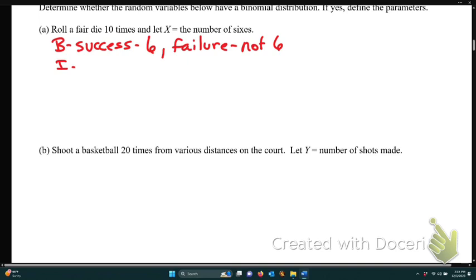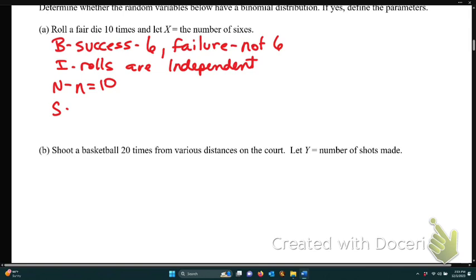I. What is I? Independent. Are these rolls independent? Yes, always. So rolls are independent. Cool. N. What does N stand for? Number of trials. Do I have a fixed number of trials? Yep, so n equals 10. Perfect. S. What does S stand for?